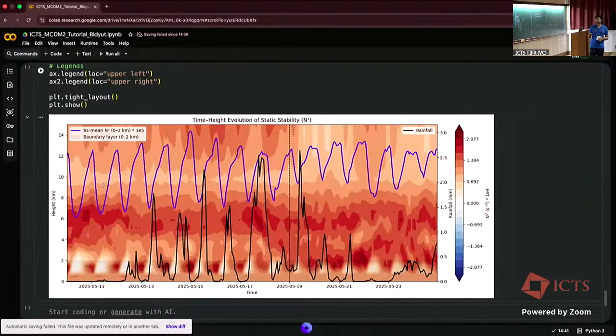Yes, this peak means a high value of Brunt-Vaisala frequency. A higher value would mean a higher inhibiting cap on convection. So that's why your precipitation peaks only after there is a dip in stability, or decrease in stability.